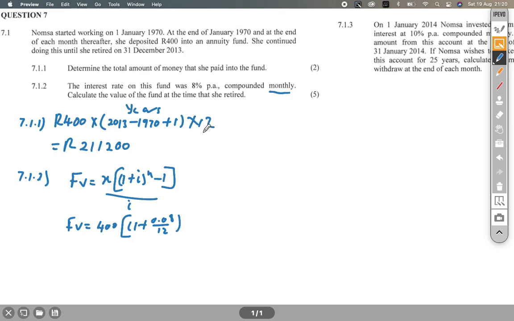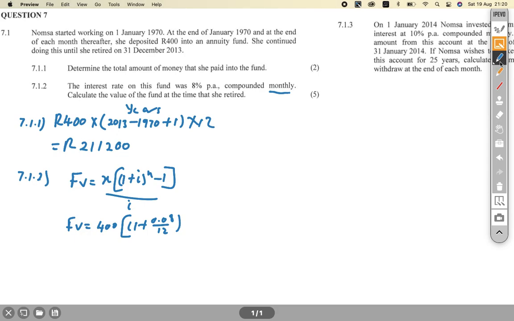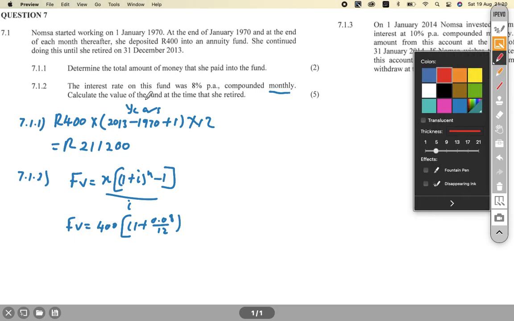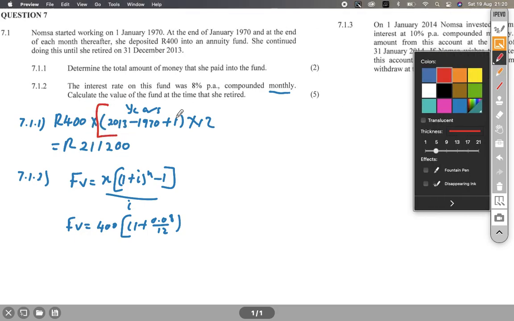And then the amount of months will be just this part. So from the first part, this is your n for this. So that's your n. Whatever value you got there is your n for the next step.